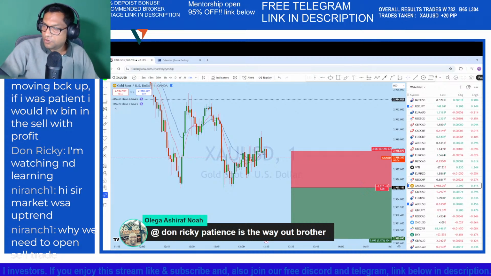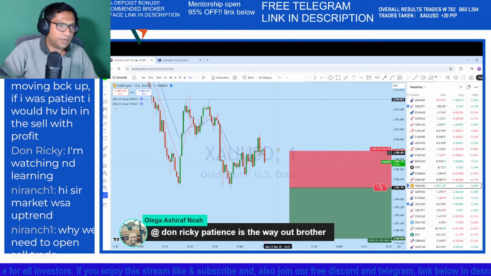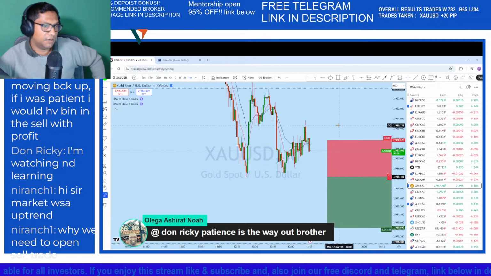So we place the pending order here, which we will see that potentially if it comes back down, then we will be entering into the trade.